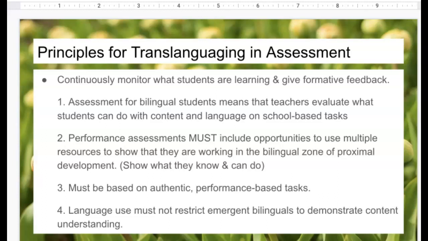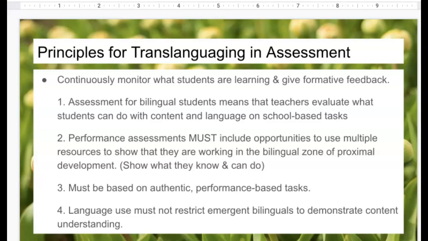That means giving them scaffolds like vocabulary lists, sentence frames, graphic organizers, allowing them to do their first draft in their first language and then put it together in their second, working in groups, performance-based tasks. Number 3 is really important.